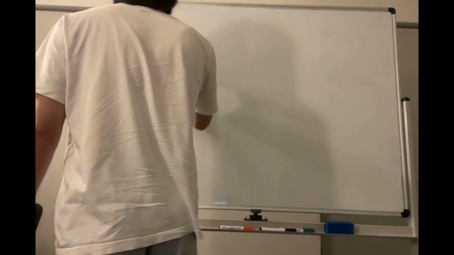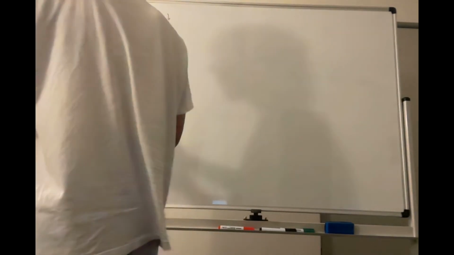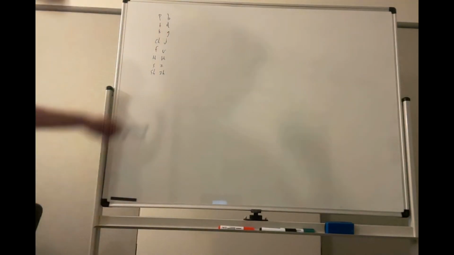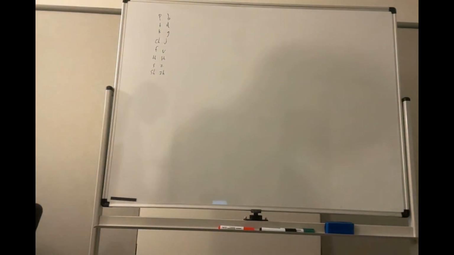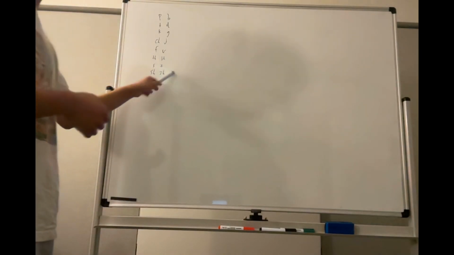S, Z, SH, ZH. Right? Those are the fortis lenis pairs in English, fully. Obviously left is fortis, right is lenis.